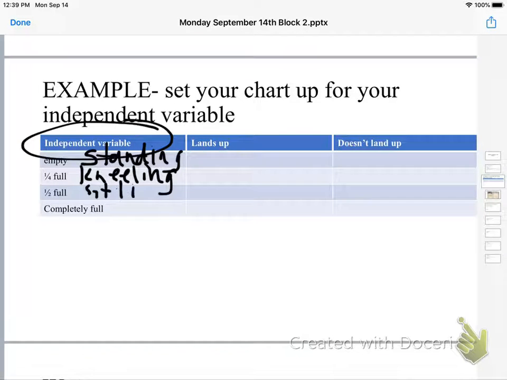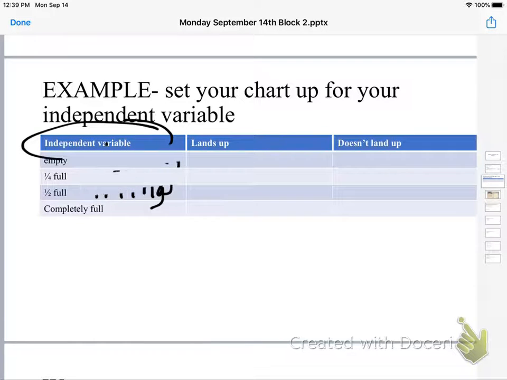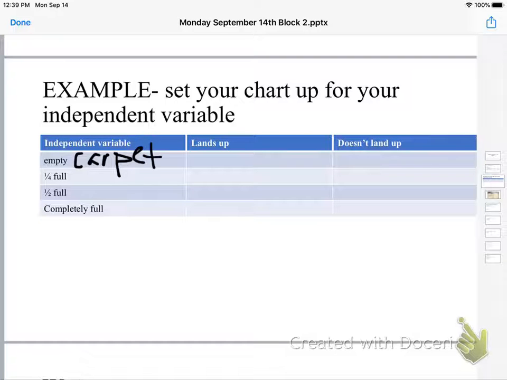So based on what you chose to change for your independent variable, that's what you're putting in this first column. Yours could possibly be carpet, tile, and wood. It just depends what you chose last week as your independent variable, and that's what's going to go in the first column.